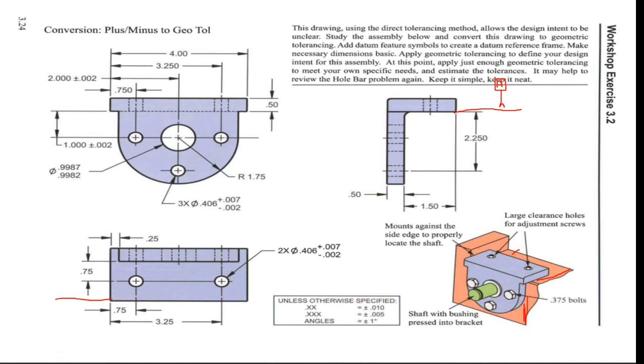This side is my datum feature B. I can define it like this, and my datum feature C I can define here. Then we can say these are our basic dimensions. This one is basic, this one is a basic dimension.